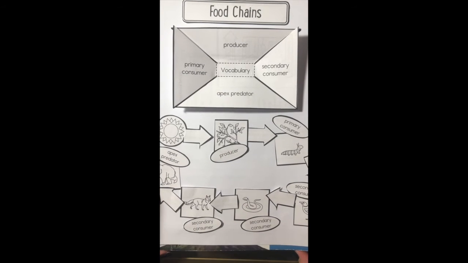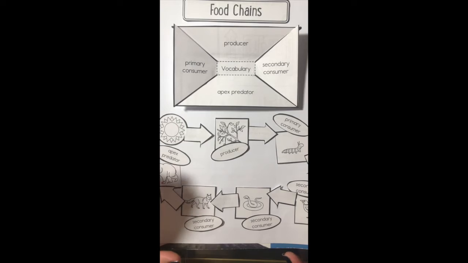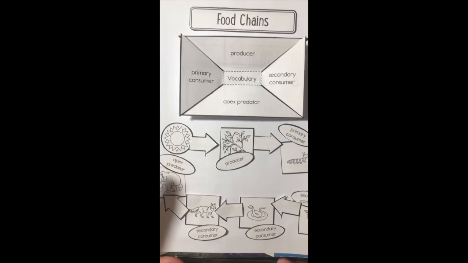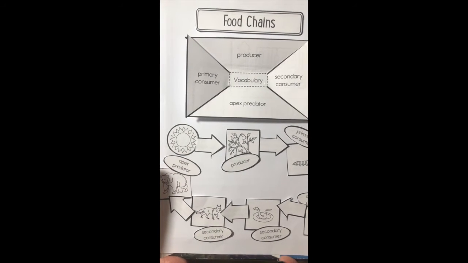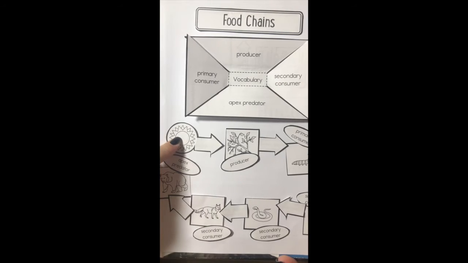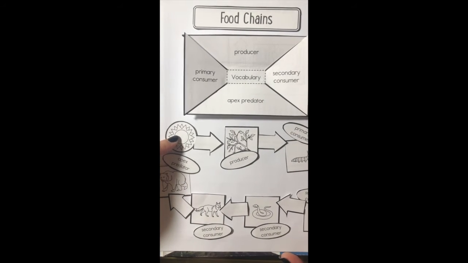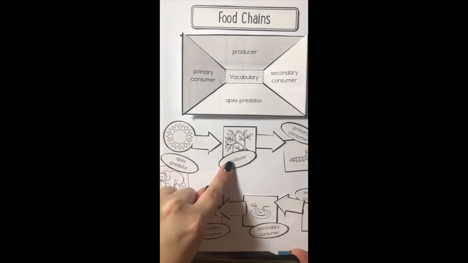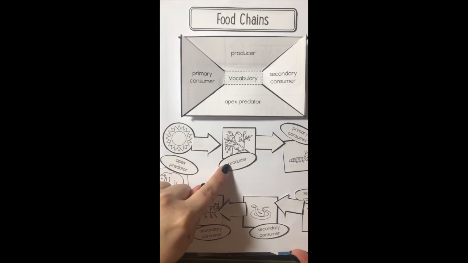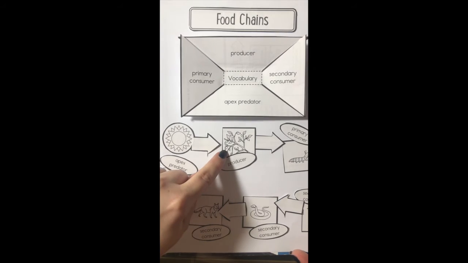So here we will organize some of the animals we've already learned about and a couple more. We have the sun first. The sun is what the producer uses to create its own food. So we know that the producer doesn't eat, it creates its own food, so that's why we have a plant here.